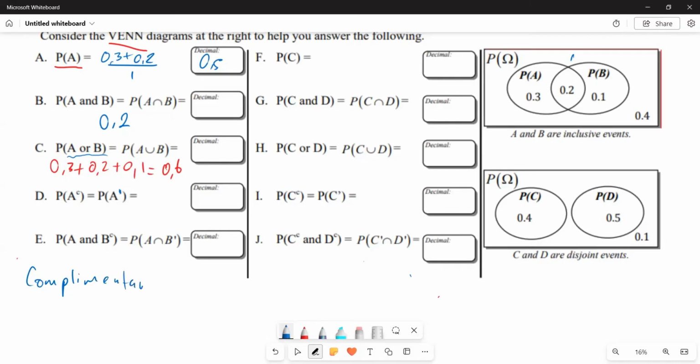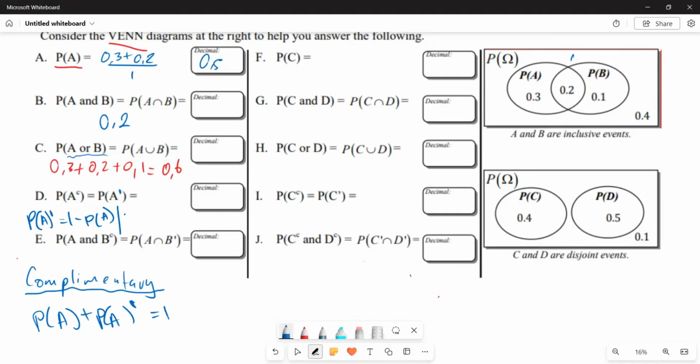I think you know the word complement. According to complementary events, the probability of A plus the probability of A naught is equal to 1, right? So if you are looking for the probability of A naught, it's going to be 1 subtract the probability of A.